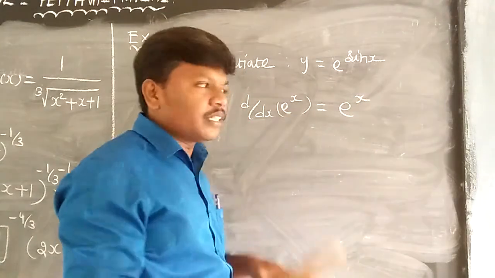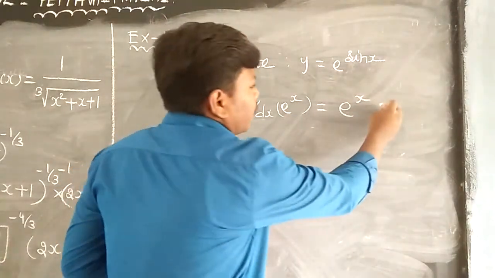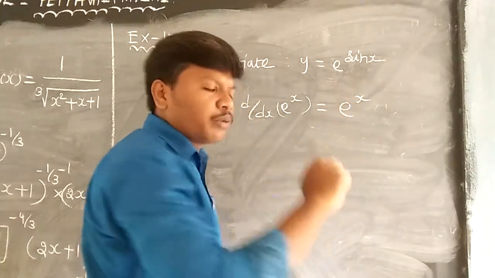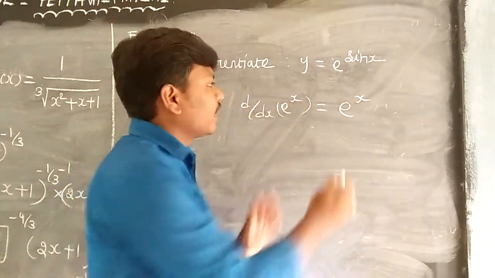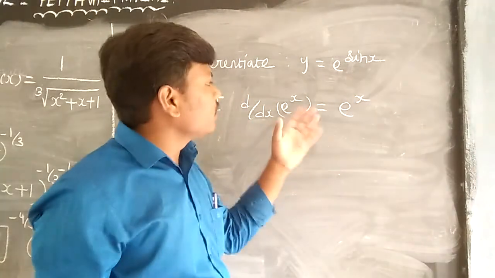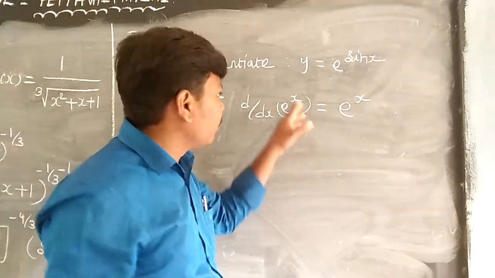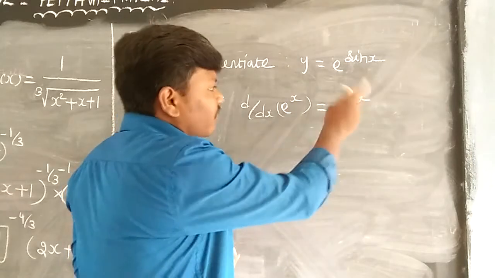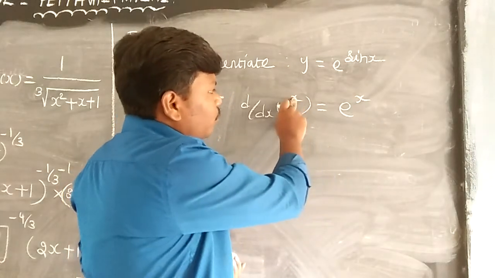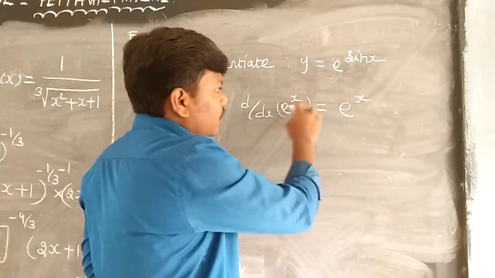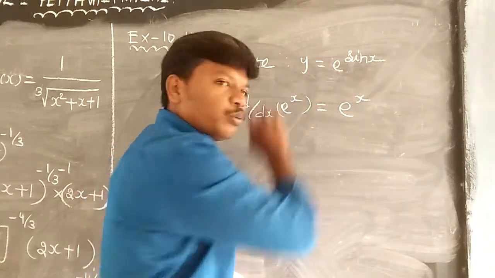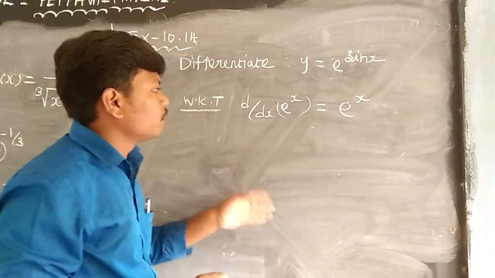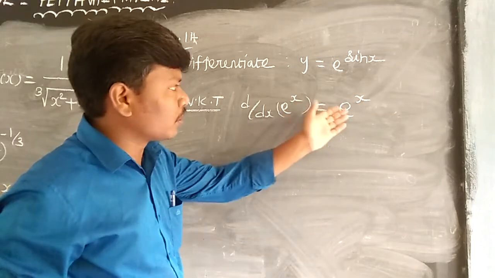Here the inner function is x, and if you differentiate it you get 1, and e power x gives e power x. That's why we don't write 1. We don't differentiate the inner function when the x coefficient is 1. But if the coefficient is 2, as in e power 2x, you get e power 2x, and if you differentiate 2x, you get 2. But here, directly you can use d by dx of e power x is equal to e power x.